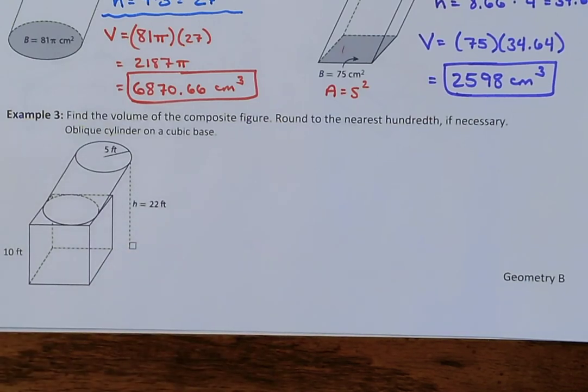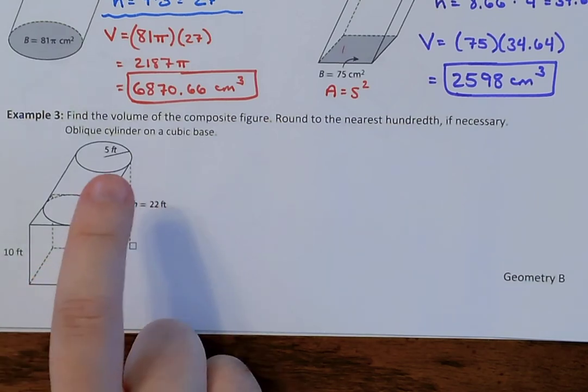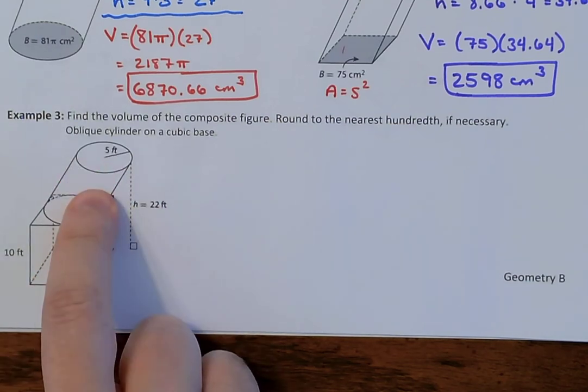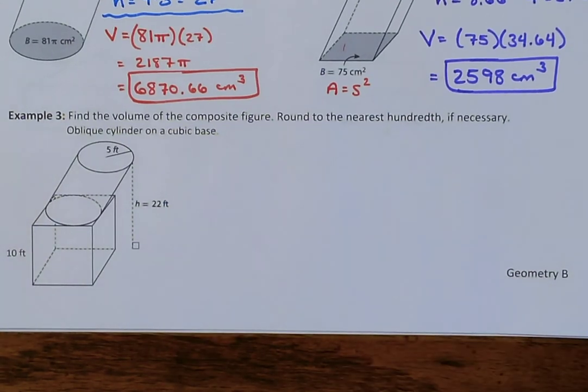The first thing you have to do is find the volume of this cube, and then find the volume of this cylinder. For the sake of time, I'm just going to put my work up here real quick.